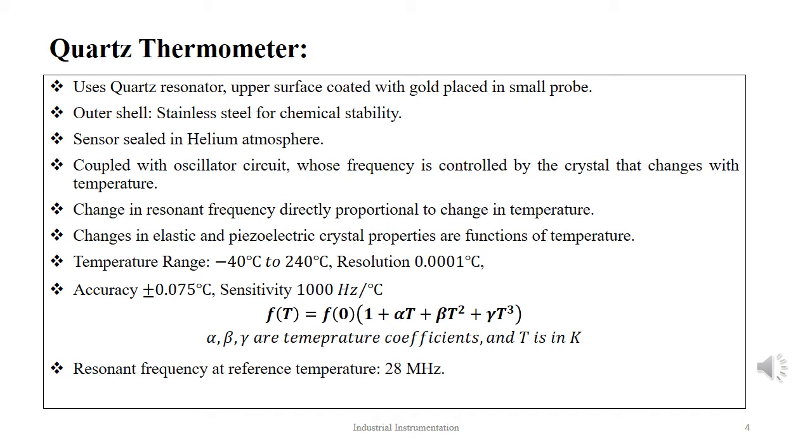The oscillator contains a special cut crystal that results in a linear temperature coefficient of frequency, so that the measurement of the temperature is essentially reduced to measurement of the oscillator frequency. The resonant frequency change is directly proportional to the temperature change.